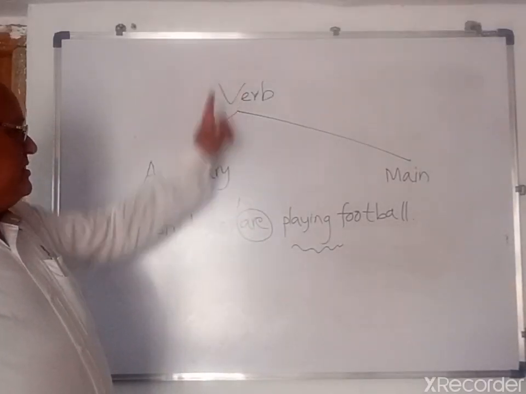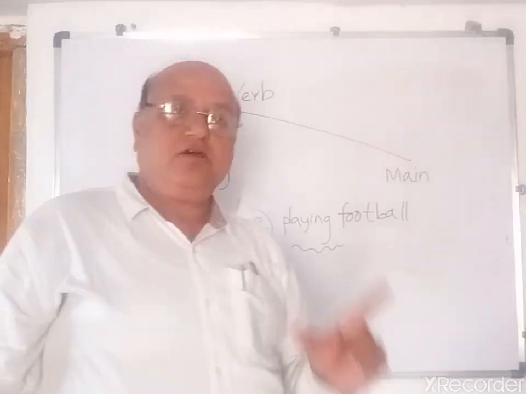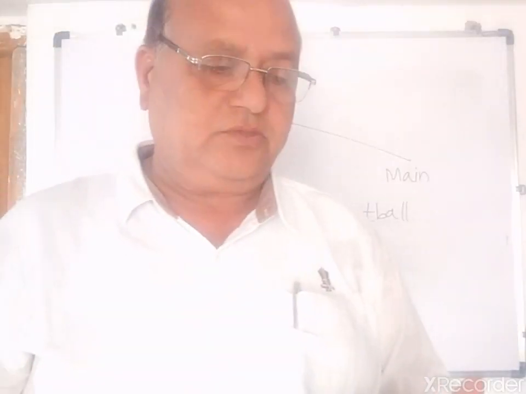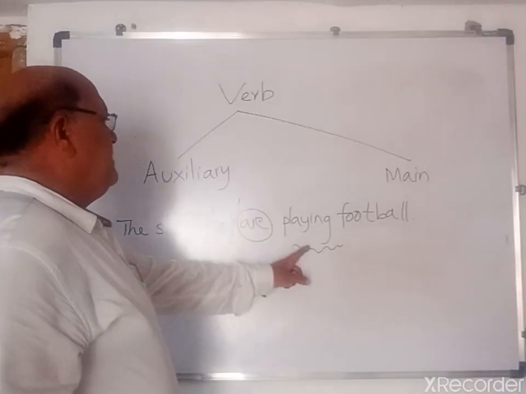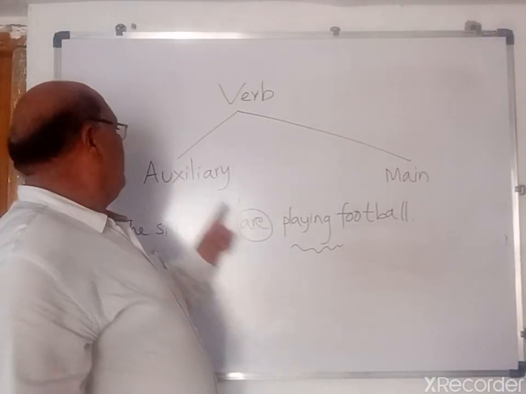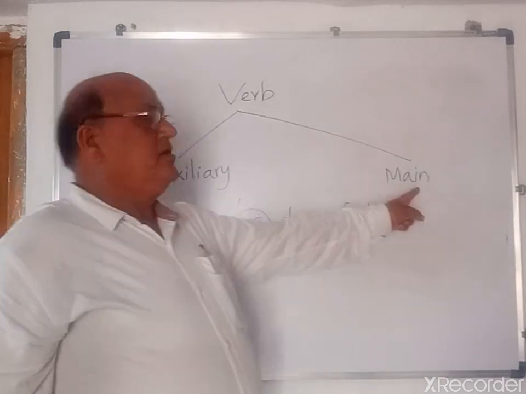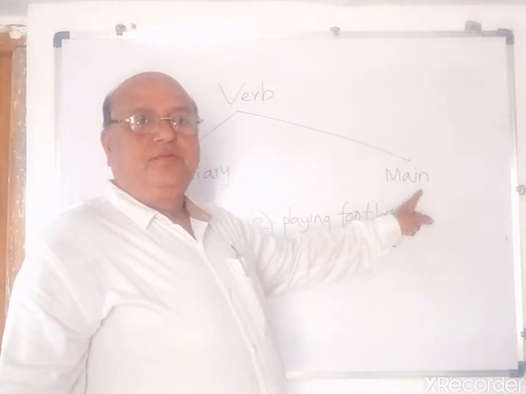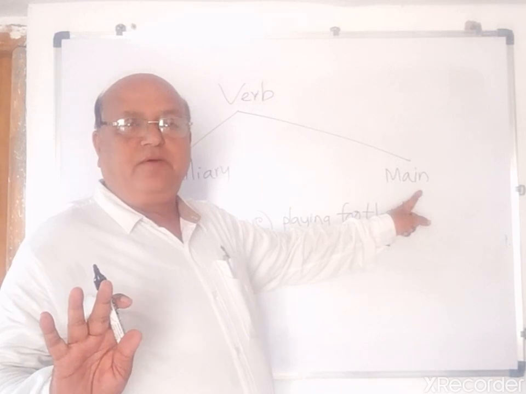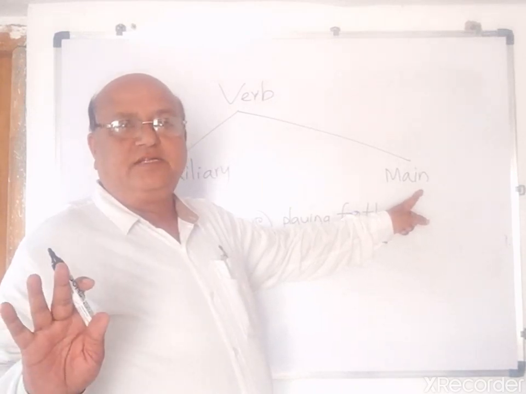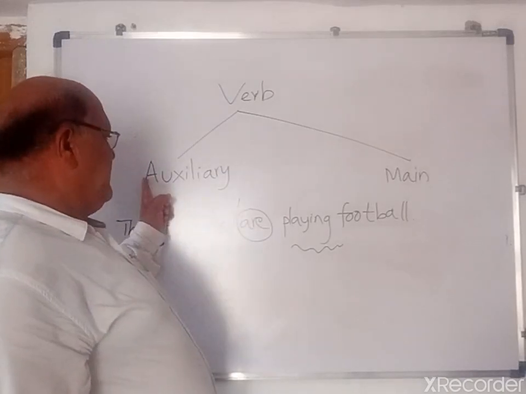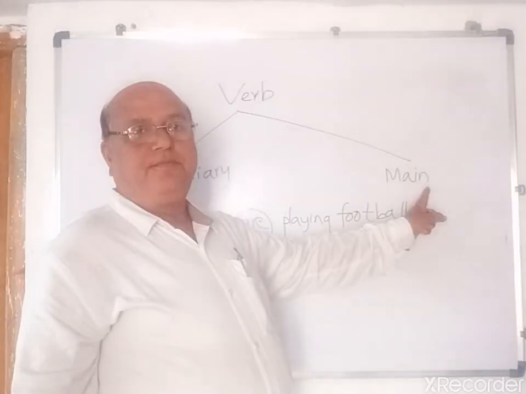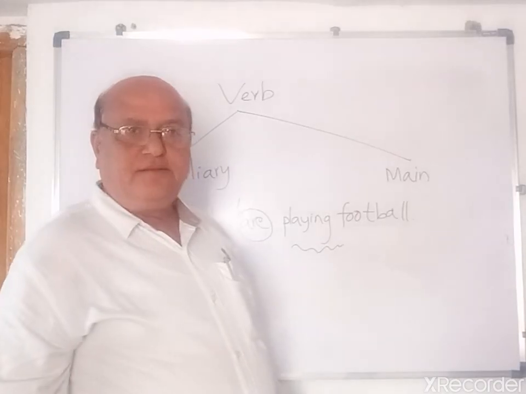So in this verb phrase or verb group, we have two words: one is are, the other is playing. If there are two words, one is auxiliary, the other is main. So no question of principal verb, no question of finite verb, etc. There are two verbs. The first one is auxiliary, the second one is the main verb. Clear?